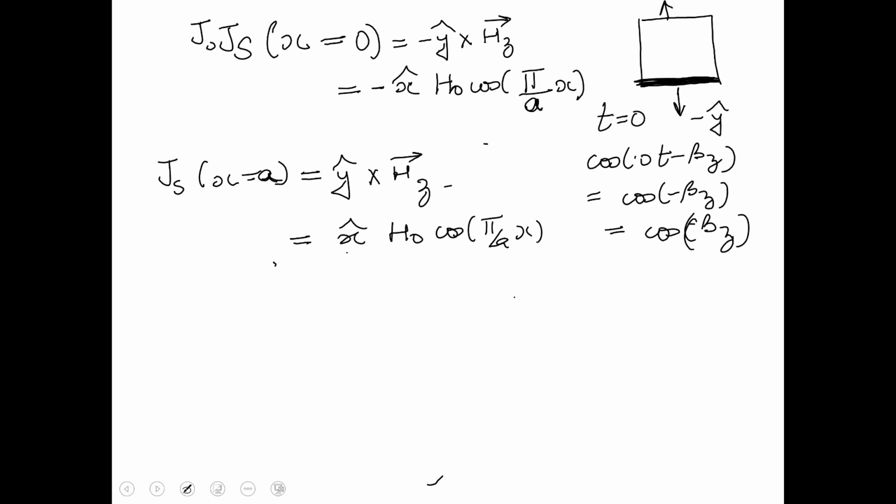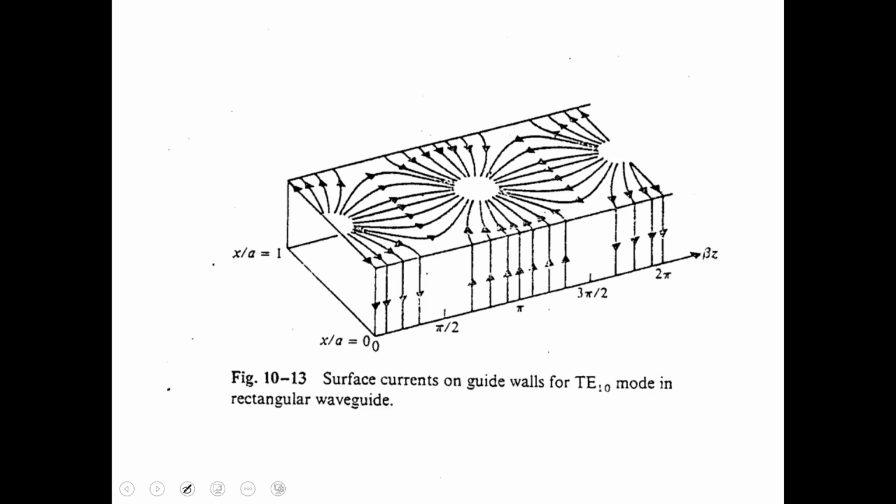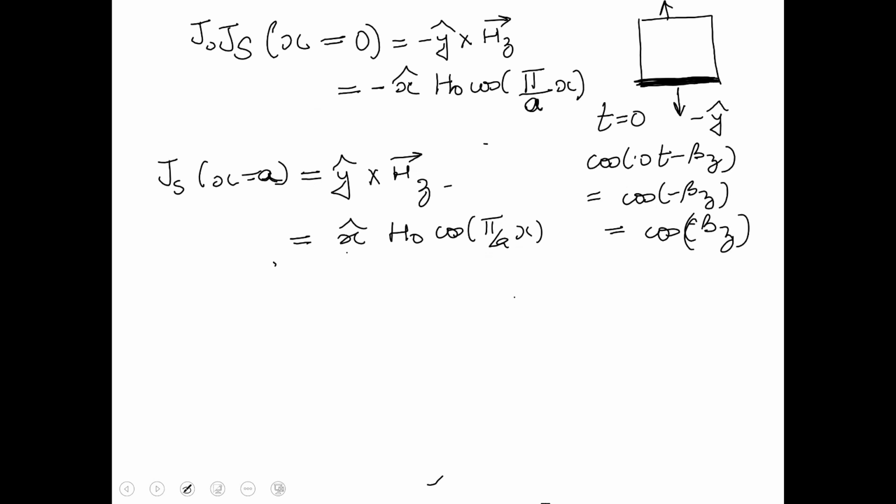So what it's telling you is that when I look at the top and the bottom plates, I made a mistake here. What I plotted was for the top and the bottom plates. This is for actually y is equal to 0 and y is equal to b.